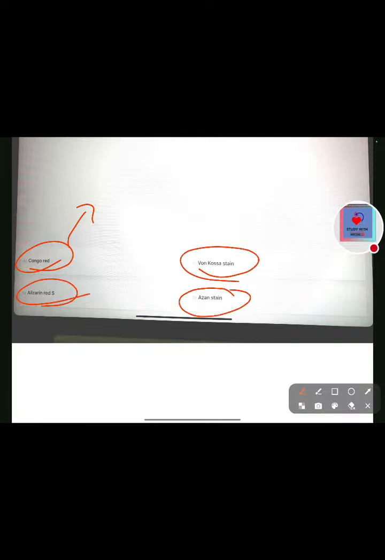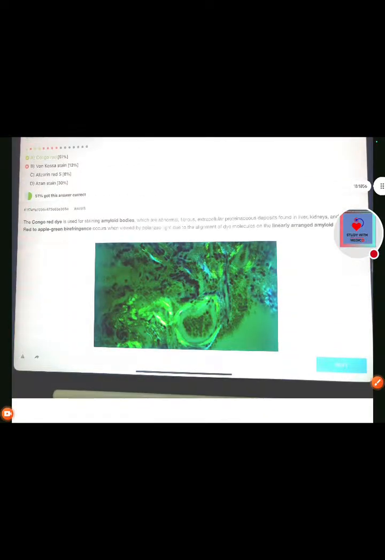So what was the question? Which of the stains is not used in the detection? So Congo red is not used because it is for amyloidosis, and Von Kossa stain you can use, Azan stain, alizarin red stain you can use, but Congo red is specific for amyloidosis. Remember this. It is used for amyloid bodies.